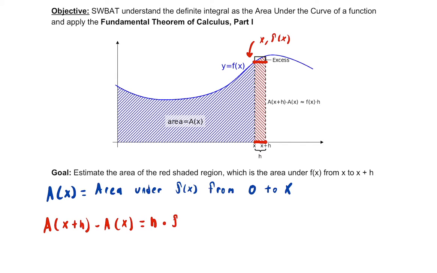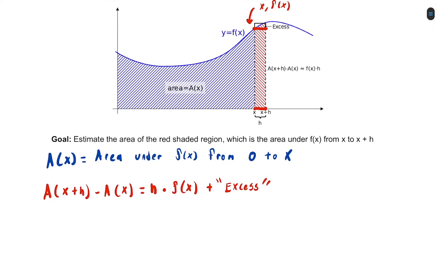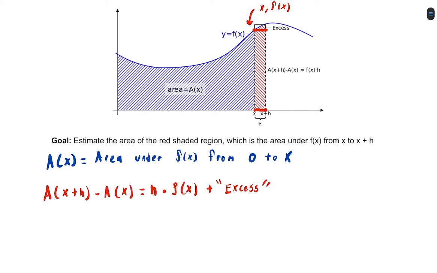So if you did h times f of x, you'd have that rectangle. Now, obviously, it's not a perfect rectangle. There's that missing portion, which I'm literally just going to call plus the excess, so plus some little extra area. And this is an equality here. These two things are exactly equal to each other.